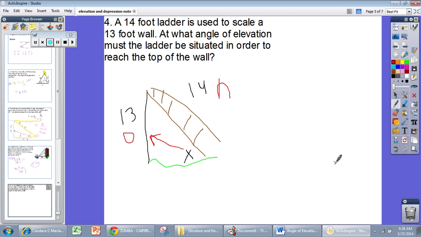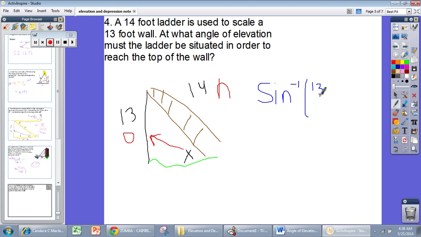Okay, so which one uses the opposite and hypotenuse? Yep, sine, but we are going to use the inverse. And which one goes on top? Yep, opposite. So 13 over 14.